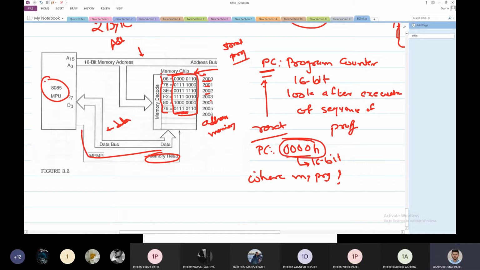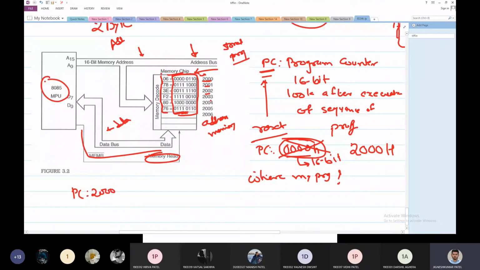So when I want to start execution, I'll replace this number with the number from where my program is stored. In our case here, my program is stored at 2000H. The first line of my program is stored at 2000H. So I'll copy this 2000 into the program counter. How to do that, I'm not interested, but I'll do this for sure. So my program counter will start with 2000.